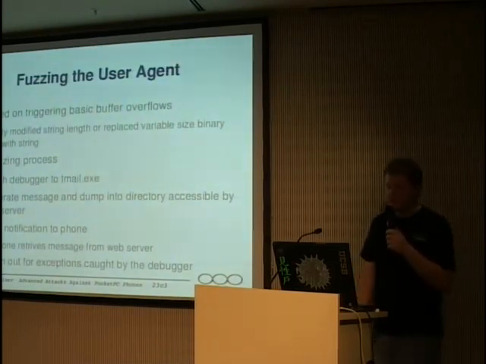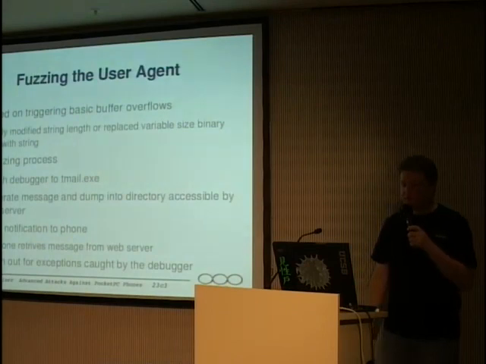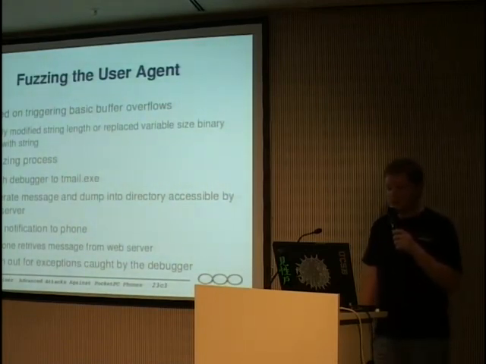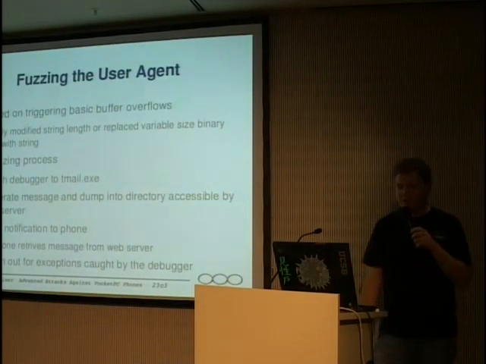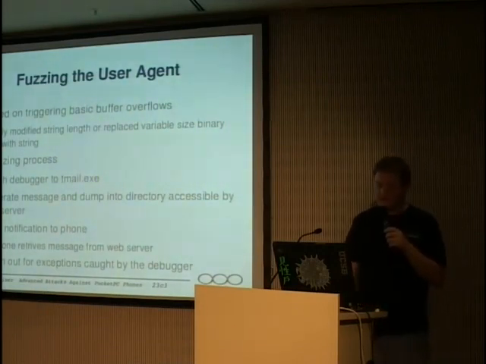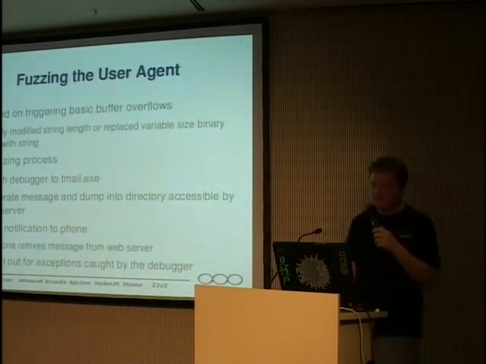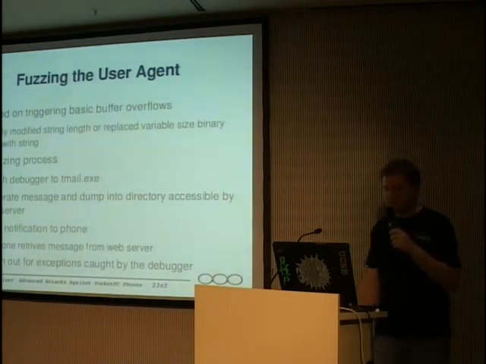I did some very brain dead, very stupid fuzzing. I just looked for basic buffer overflows because I'm lazy and I don't want to do string format stuff. So basically I take a variable length field and put a very long string in there. I did this for almost everything I could find which is variable length.